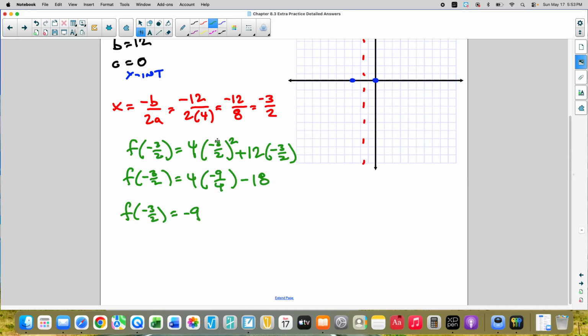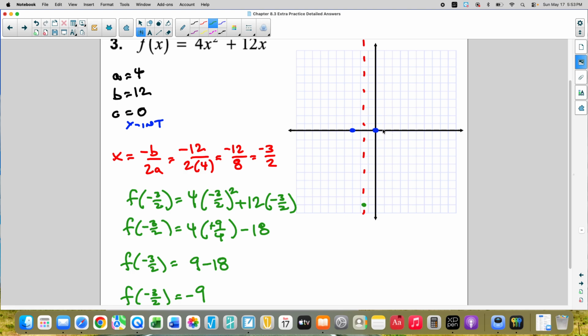Nope, that's squared, sorry, that's plus 9 minus 18. So f of negative 3 halves equals negative 9. So down here, that's my vertex. And I could plug one more point in if I wanted to find another, if I'm graphing it.